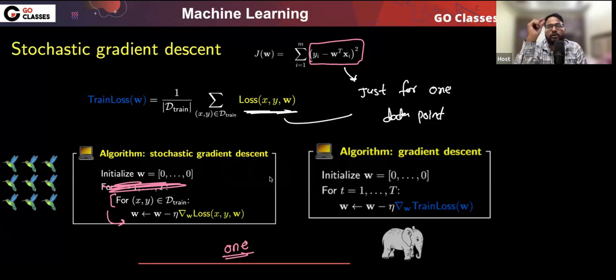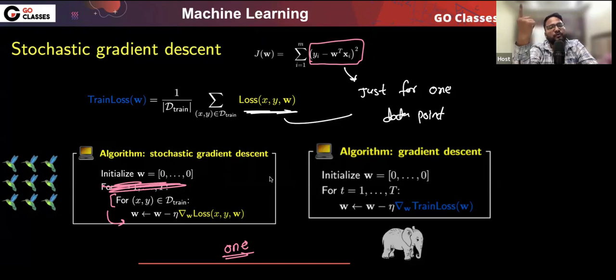It means your W is some value. You want to decrease the loss, but not by looking at the whole examples, not by looking at all the training examples at once. I'm looking at just one example. Whatever this example tells me, that okay, just go in this direction, in the sense that the gradient should be this, I'm just optimizing for just one example.